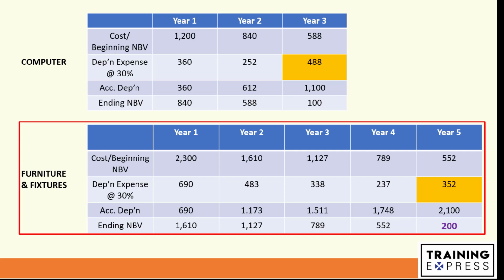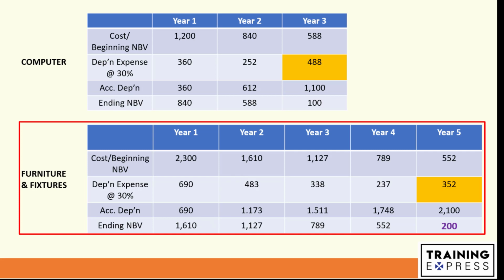Similarly, let's look at the furniture and fixtures. We will start with cost year number 1, $2,300. Depreciation expense, we have assumed the same rate, 30%, so $690. Accumulated depreciation in the first year will be the same, and ending net book value will be $1,610. When we move on to year number 2, we calculate 30% on $1,610.